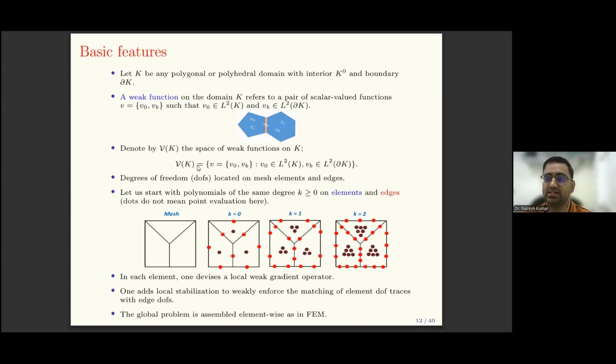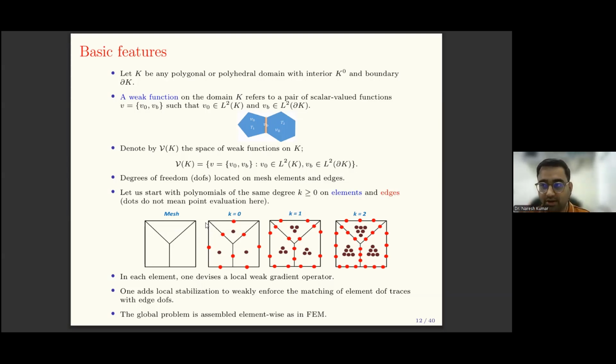Then our target is: how can we define the finite dimensional space in the Galerkin method? First we have to define the degrees of freedom for the finite dimensional space. Suppose we have this mesh, a combination where this is a triangle and these are polygons. For the mesh, we have to define the degrees of freedom. Here you can clearly see we have two functions separately, one for the interior and one for the boundary.